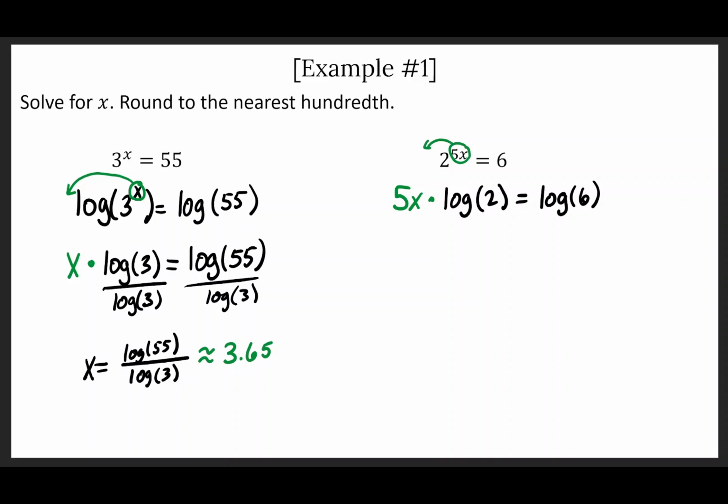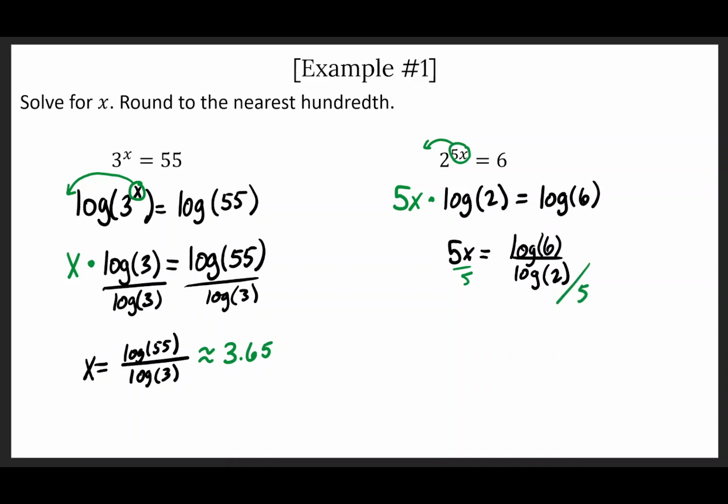So I log both sides and I put the exponent out front just in one step. That's totally fine. We need to divide away log 2 because we do not want it to be over there. So I'm going to say 5x equals log 6 divided by log 2. Now we're almost done because we still have 5x, and normal solving steps would say to take both sides and divide by 5. Now I have a fraction already and I'm dividing by another number.